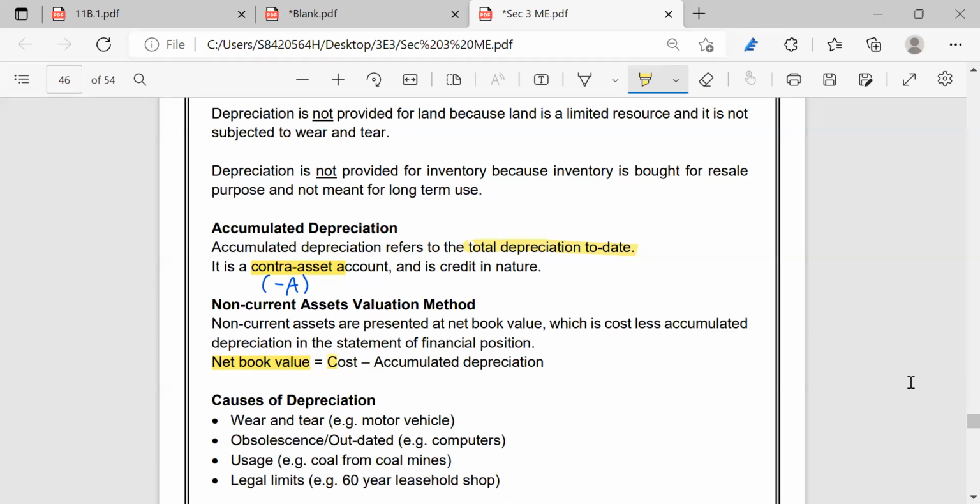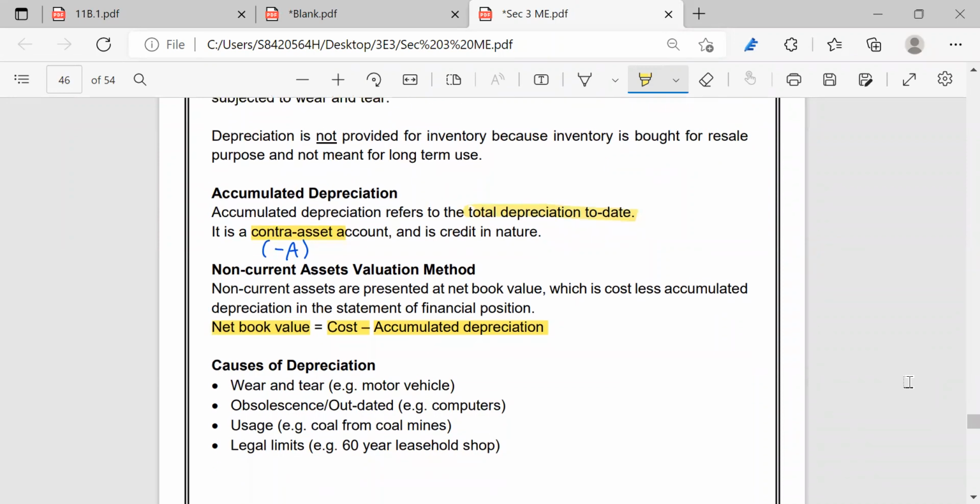It's because you take your cost, which is always the same, the historical cost, and minus out your accumulated depreciation, which will get bigger and bigger over the years. So a value that's always the same minus a value that always gets bigger means your net book value will get smaller and smaller over the years. Later we'll look at numbers.